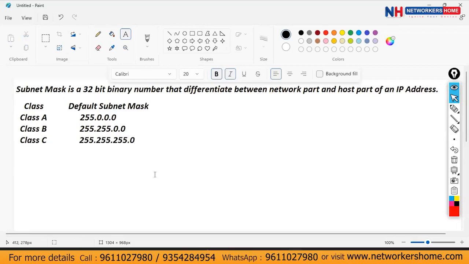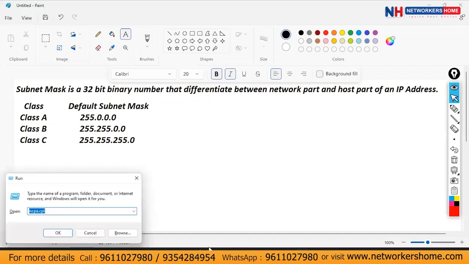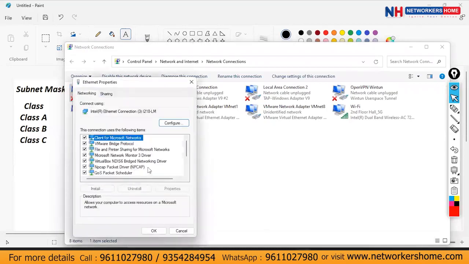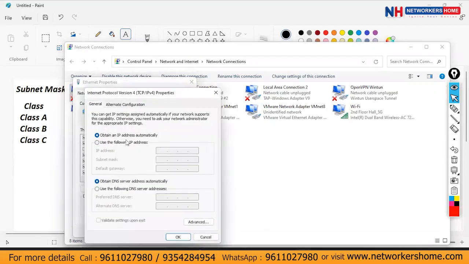I'll try to assign addresses from these classes to my system, and we'll see your system automatically taking the subnet mask according to the class.